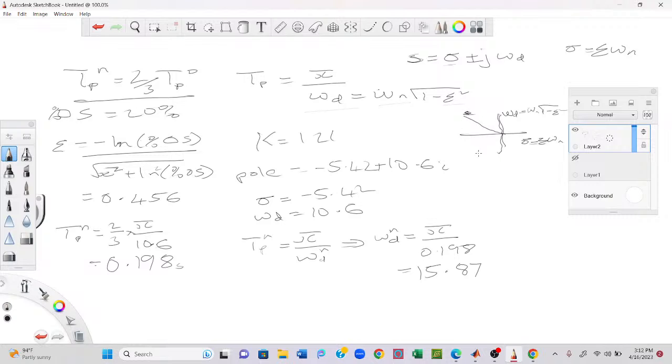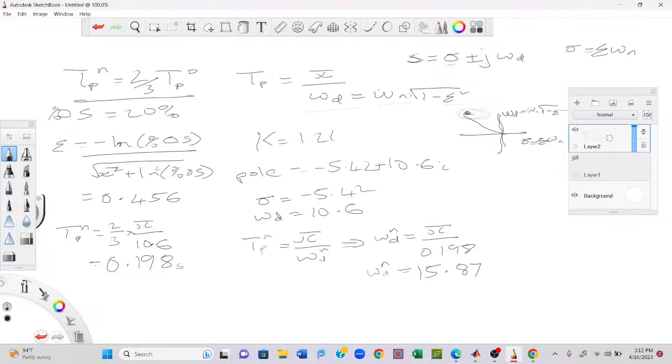Use your Pythagoras theorem, and Pythagoras theorem can help you find that the line is equal. So yes, now you know your new omega d.